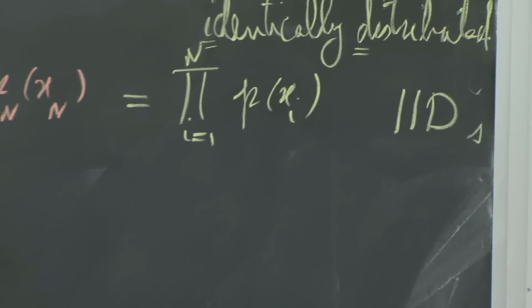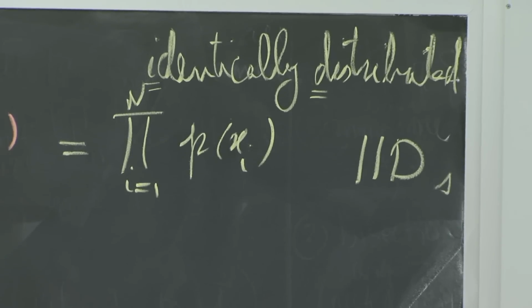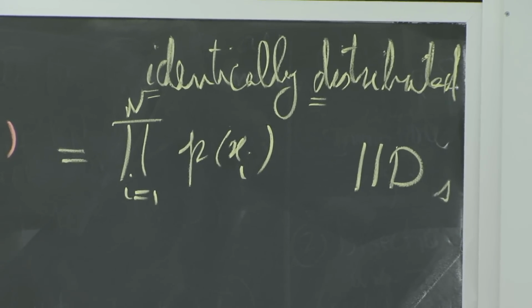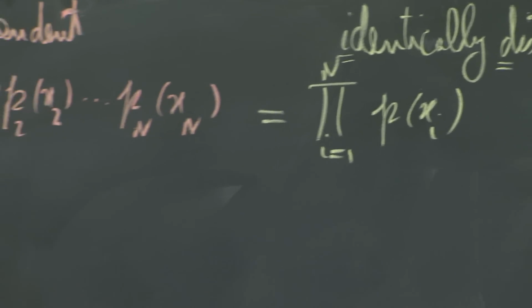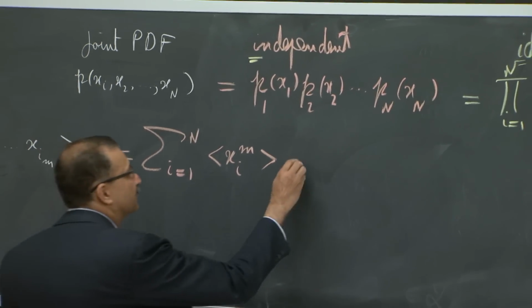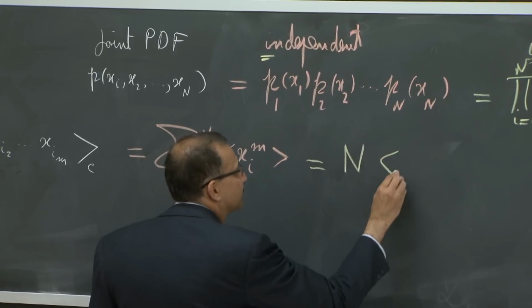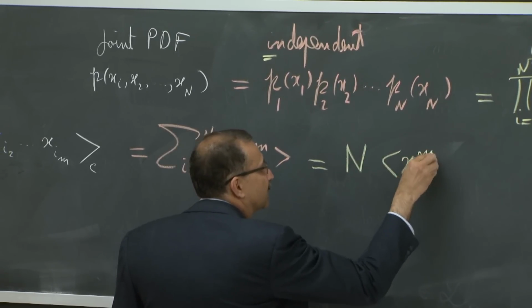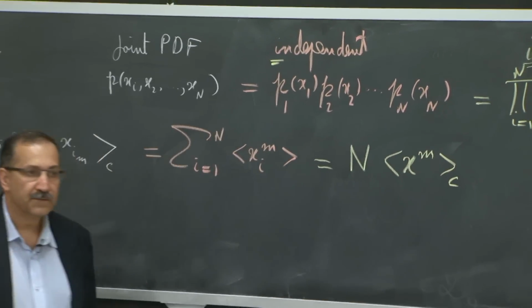Okay? And if I focus my attention on these IIDs, then all of these things are clearly the same thing, and the answer would be simply n times the cumulant that I would have for one of them. Okay?